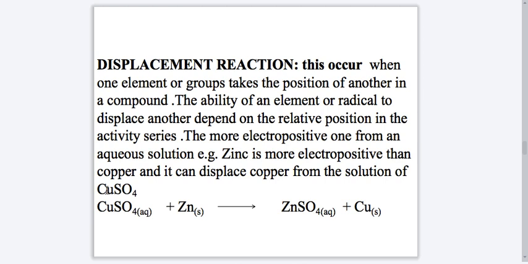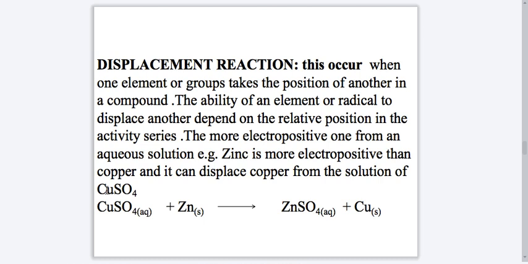A radical is a group of elements which possess charges. Examples are the ammonium ion, NH4+, and SO4 2-. Either an element or a radical displaces another element or radical depending on their position on the activity series. As I've explained, the activity series is an arrangement of metals from the most reactive to the least reactive.